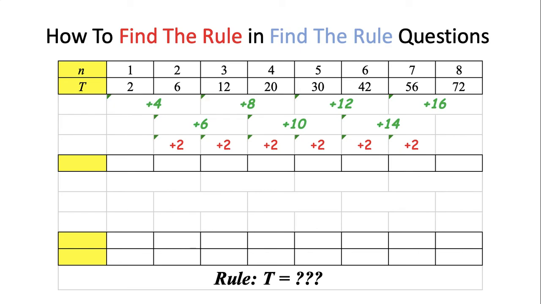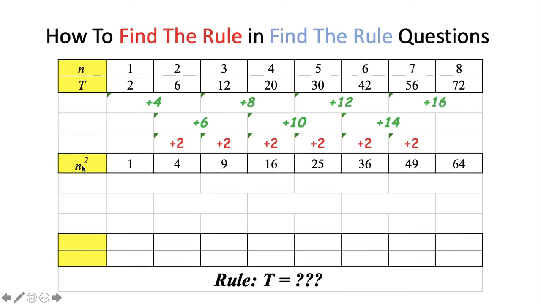Now you remember quadratic from the beginning of MYP4 as being to do with powers of something up to squared. So the rule is going to be something like t equals something with n squared in it. So let's think of the simplest thing we could have.